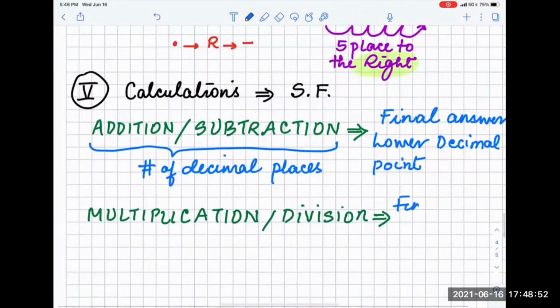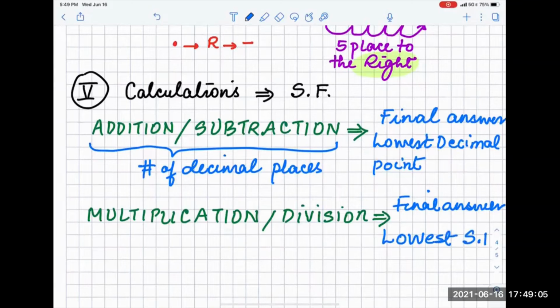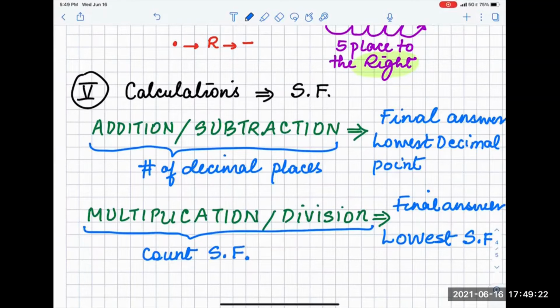The final answer has the lowest significant figures that were used in the computation. So when you're doing multiplication and division, you're going to look at the numbers and count the significant figures each number has. So the final answer will have the lowest.